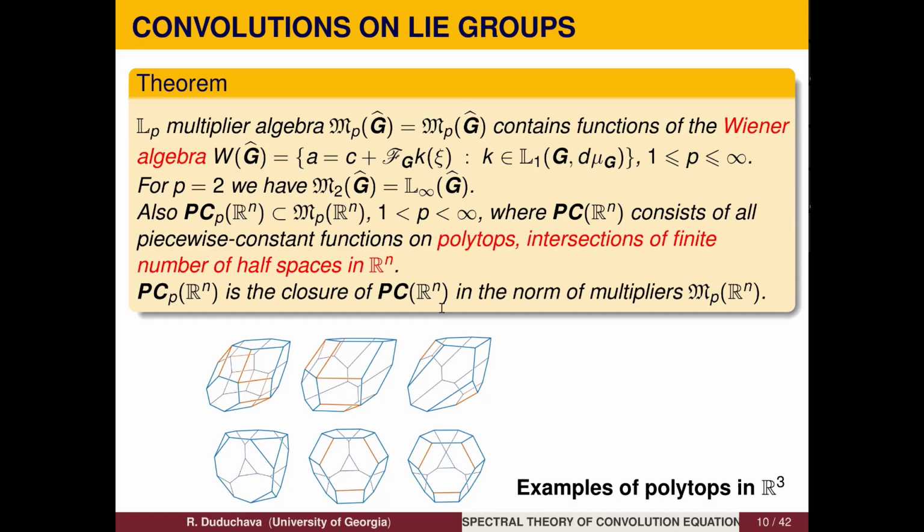Here are shown some drawings of polytopes in R3. Parallelepipeds and cubes and so on, they are all polytopes. If we take a finite number of polytopes and take functions which are constant on each such polytope, these are piecewise constant functions. And then we close it in the norm of MP, the multiplier class. It's an important class for us.